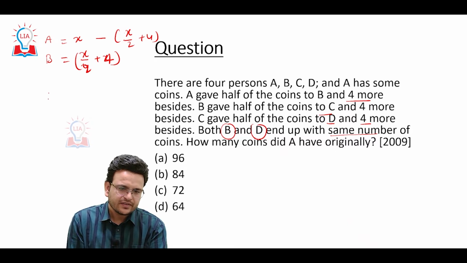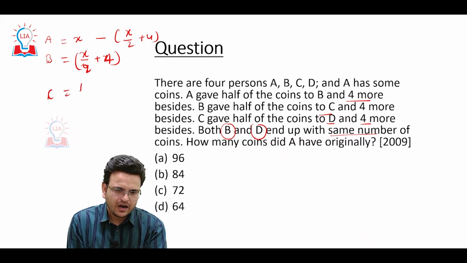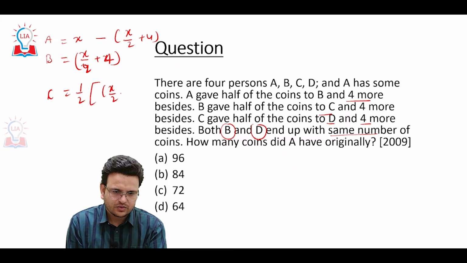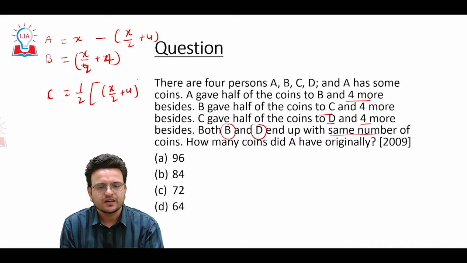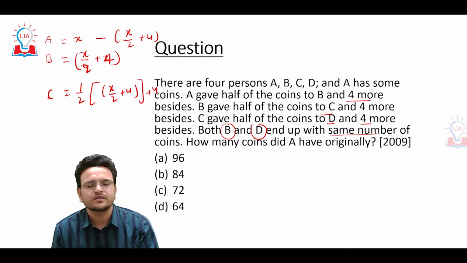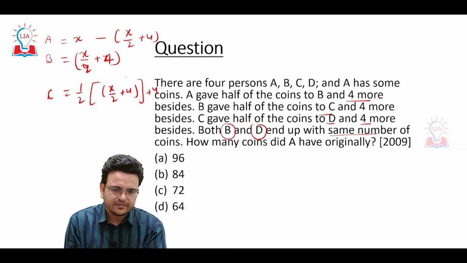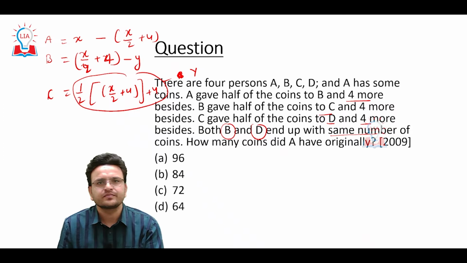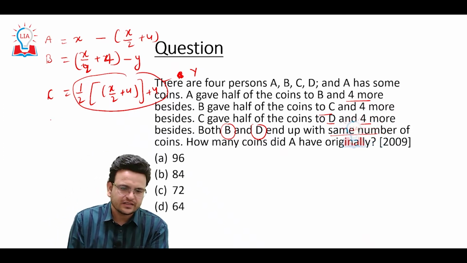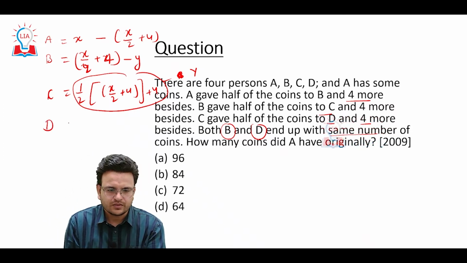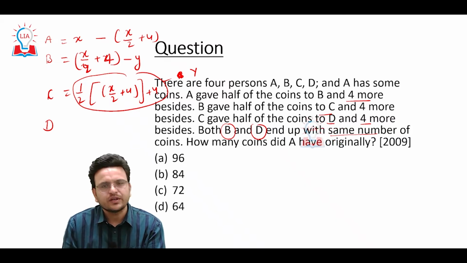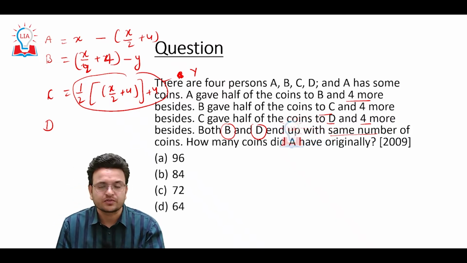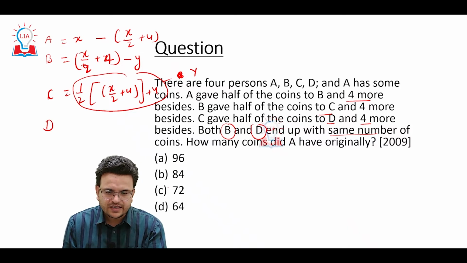Now B gave C half of x by 2 plus 4, and then 4 more. Consider the remaining as y. This is one way, and then you can talk about D also, D half and then you can subtract. This is a very complex process. Better to take the options.